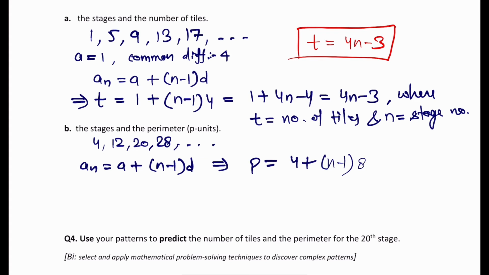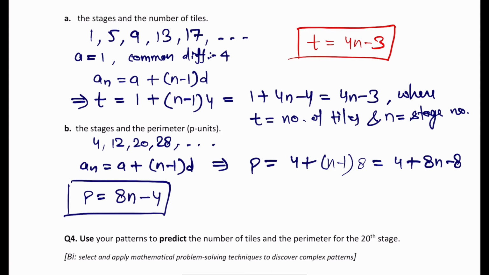Now you can simplify this formula. It will become 4 plus 8n minus 8. So P is going to be 8n minus 4. Again, you can define your variables, where n equals stage number and P equals perimeter.